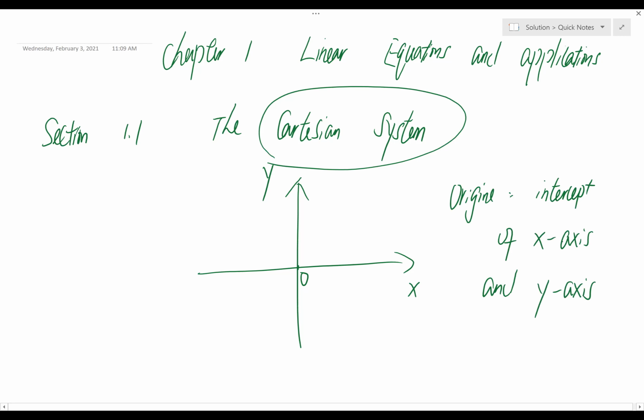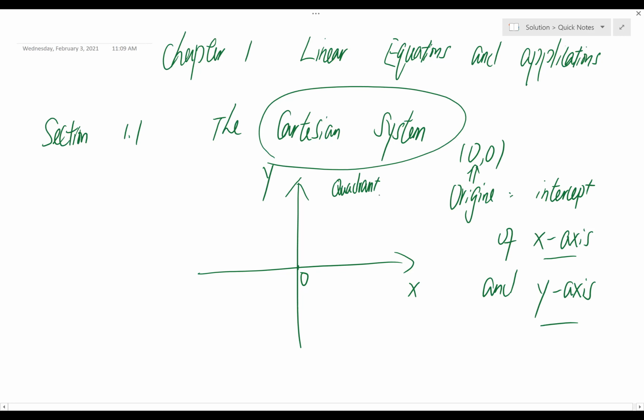And the order pair, right? In terms of order pair for the origin will be 0, 0. Okay. And also, since the x-axis and the y-axis have intercept, then that means basically these two axes split the entire region into 4 quadrants, right? We call this quadrant number 1.